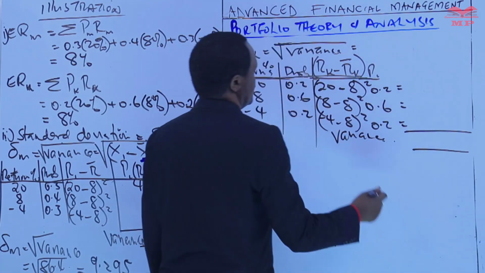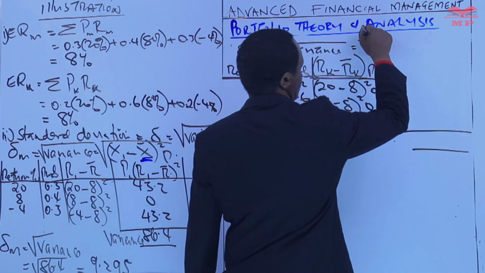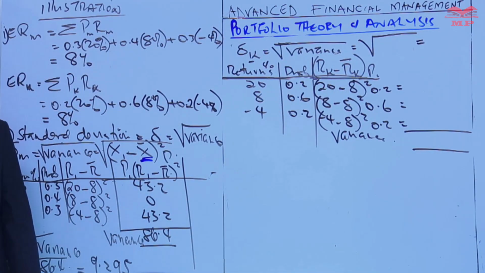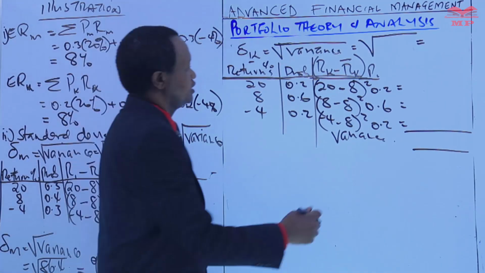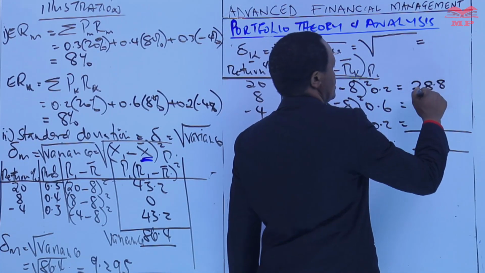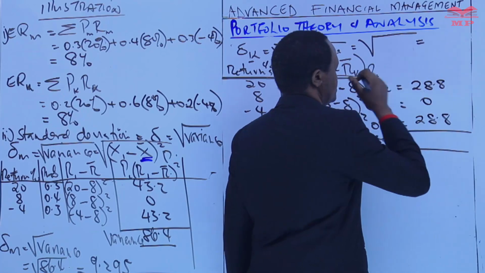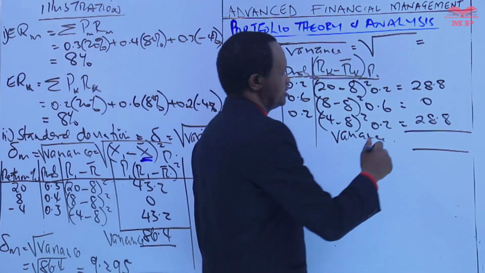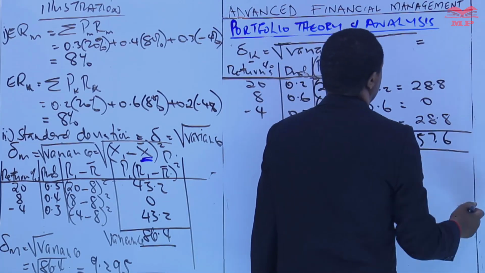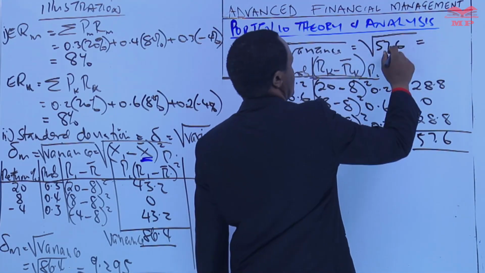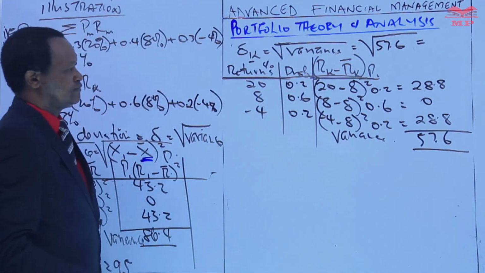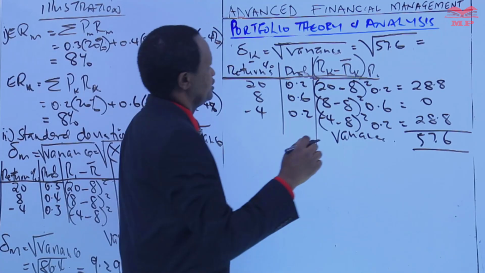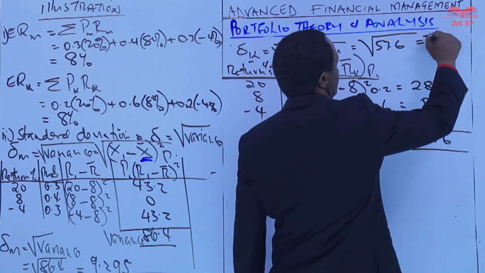Therefore, just get the square root of it, and that will be the standard deviation. The variance is 28.8, 0, 28.8. What's the total variance? That is 57.6. What is the square root of 57.6? The standard deviation is 7.589.